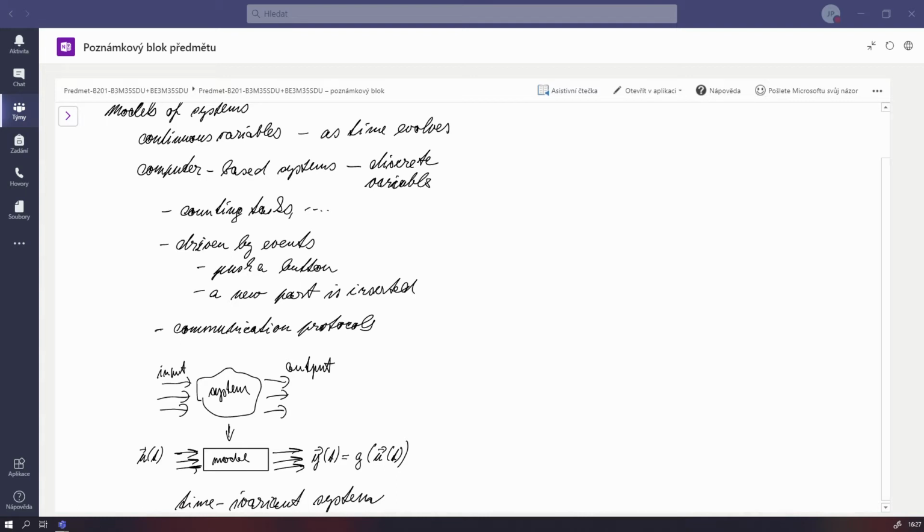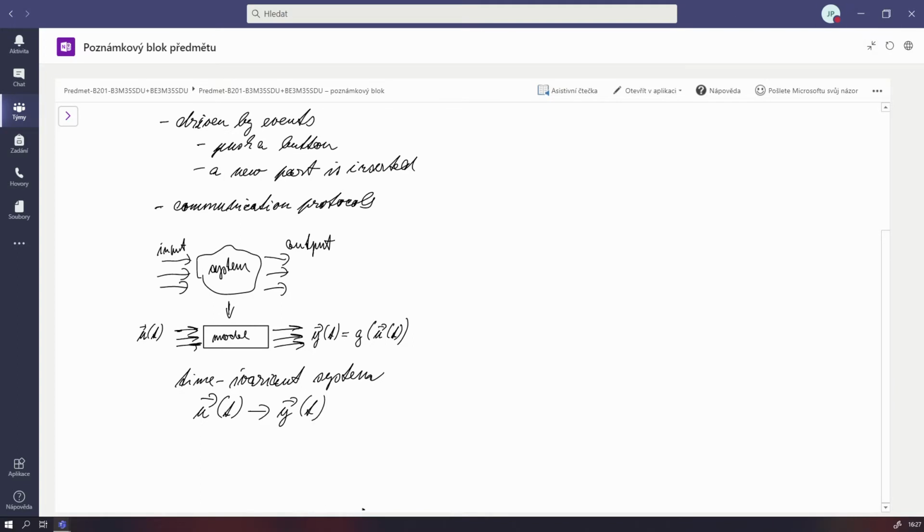So if we have a change of the output depending on the change of the input at some time instance t, and then at a time shifted by tau, the system behaves in the same way as the behavior at the time instance t, if the input is the same as it was before.